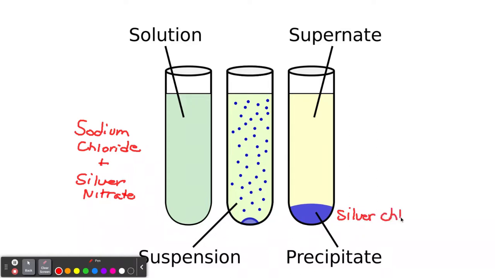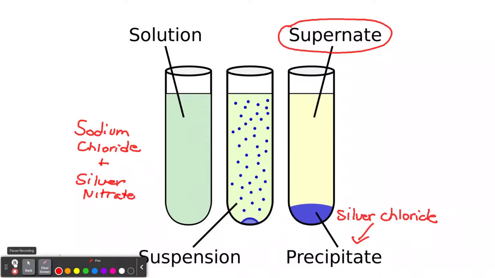Silver chloride will be the solid. The precipitate will be the solid. That's what that means. And the supernatant is just the liquid that's hovering above the precipitate. I'll leave that there for a couple of seconds if you need to write things down. So again, two liquids, and then at the end you have this solid. Think of it as debris forming.